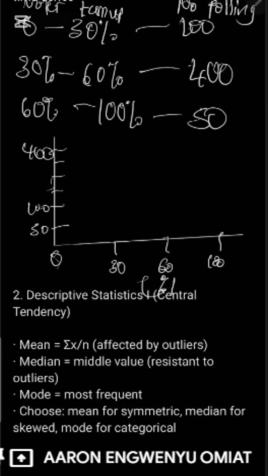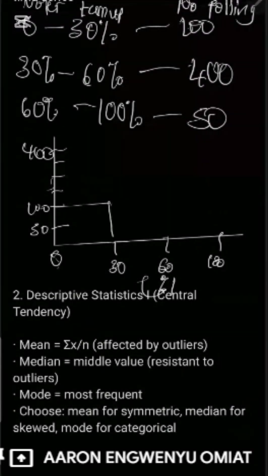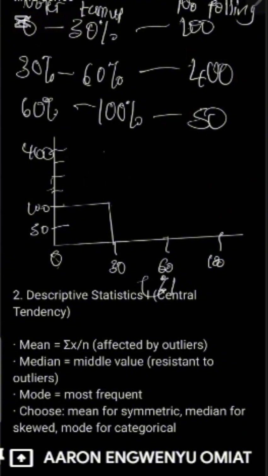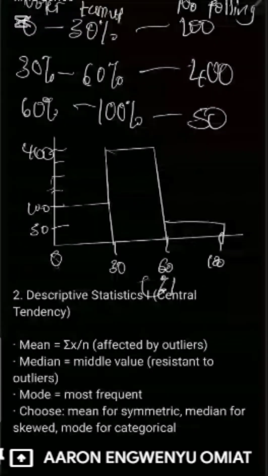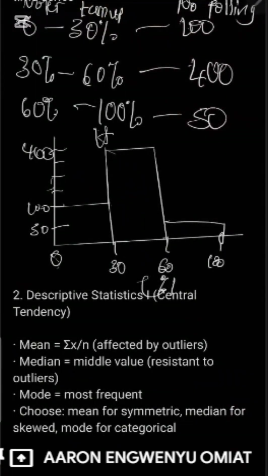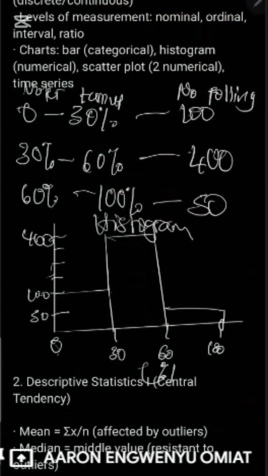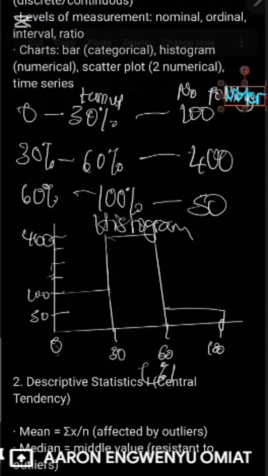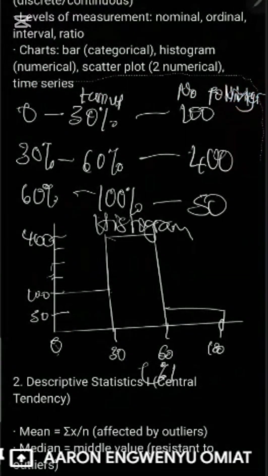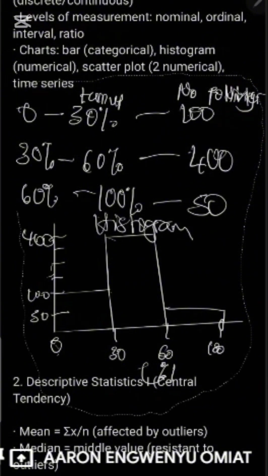So if we want to plot this data, for the first polling session, we have 100. For the second, we have 400. And for the last, we have 50. So this data would be a histogram. Hopefully we are following. Sometimes it's confusing to know when to use which form of chart. Let me clear this. Let me proceed.